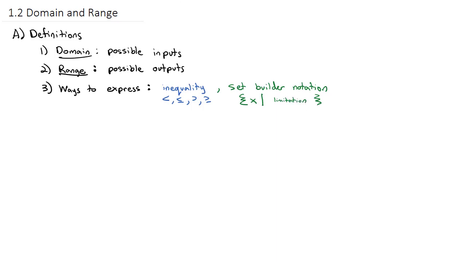We'll look at some examples of what this looks like in just a minute. And the third way we often express these limitations is with what is called interval notation. Interval notation uses a range of numbers between parentheses or between square brackets with different meanings. And we'll talk about those meanings here in just a minute.